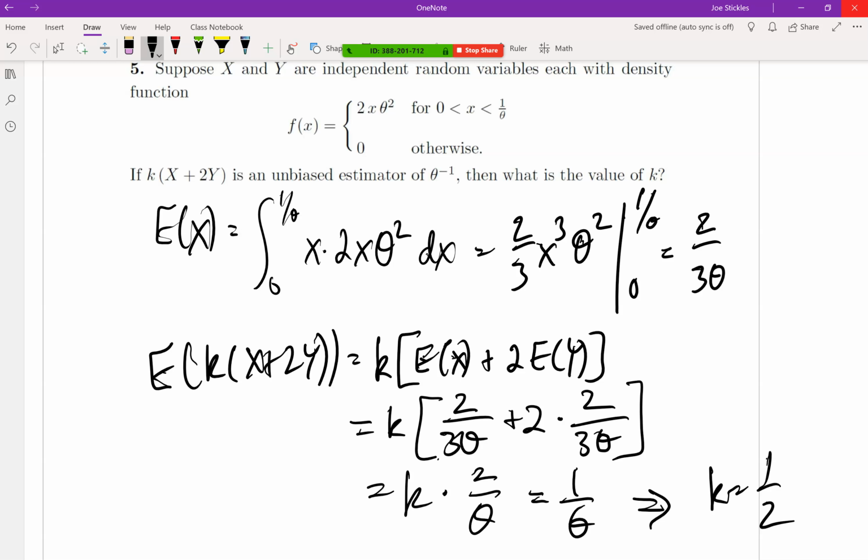So I figured out the expected value for that computation. That was where we got k times 2 over theta. We want it to be unbiased, so we want that to equal 1 over theta. That's what it means to be unbiased: the expected value turns out to be the parameter we want. And then I just solve for k.